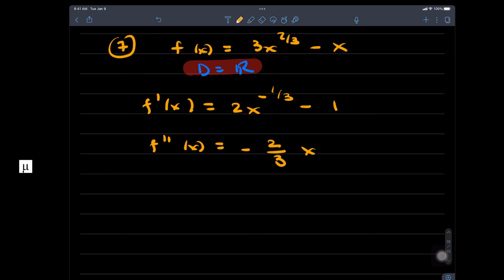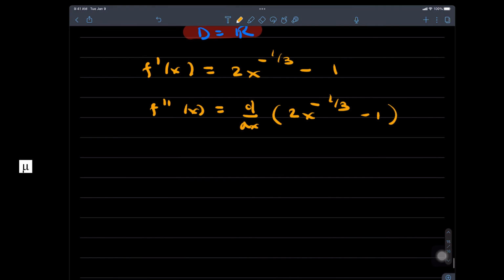-2/3 x to the -4/3. Is that true? Do you guys need to see all the notation still? You say, are you differentiating that prior derivative of 2x to the -1/3 minus 1? And is that second derivative going to be, by properties, 2 d/dx of x to the -1/3 minus d/dx of 1?